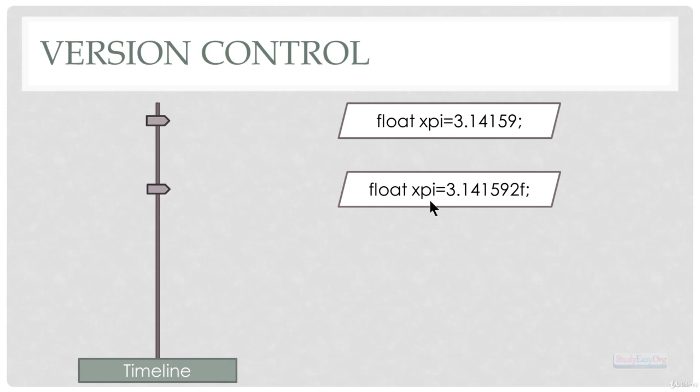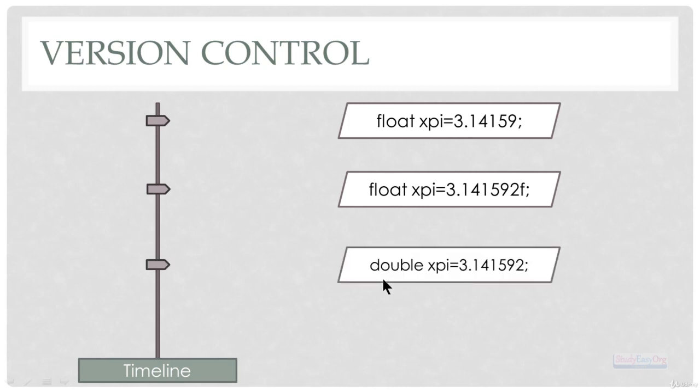We will now initialize this variable as xpi equals 3.141592f. F is nothing but a literal, and this is a perfectly fine statement. Then later down the line, there is a requirement and there is a major change. We have modified the data type. Whenever there is a major change, it's kind of a major build. There is a version shift.